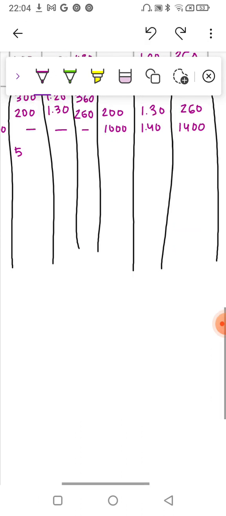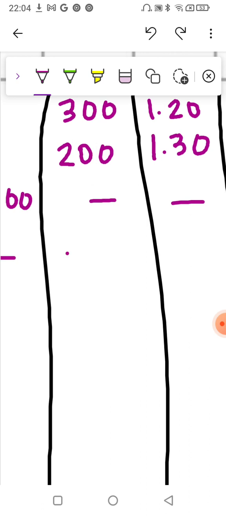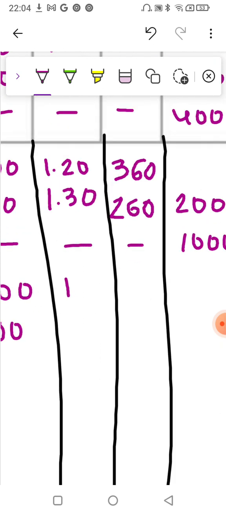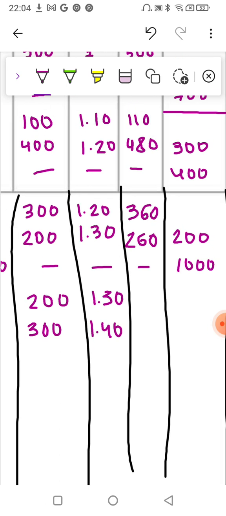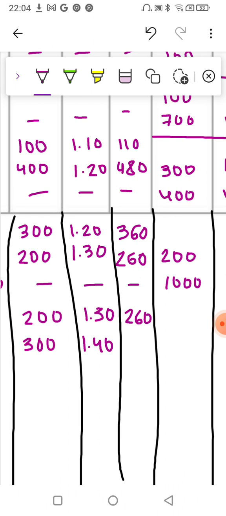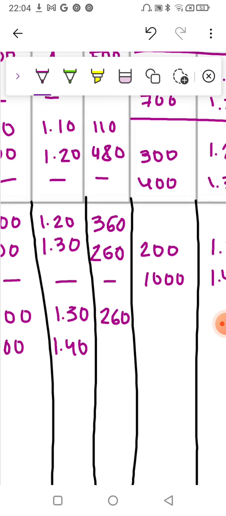We will break the 500 into two parts, 200 and 300. Why am I breaking it up? Because in the first category I have only 200 left. So first will be from the 1.30 category and the next will be from the 1.40 category. Once we multiply it, we get 260, and 300 into 1.40 we get 420.